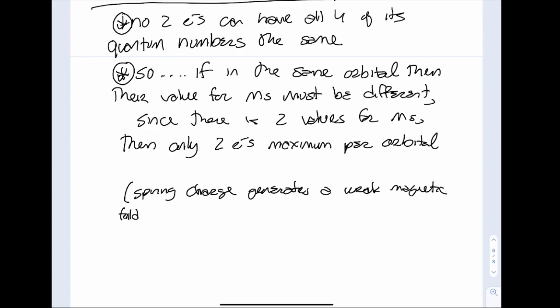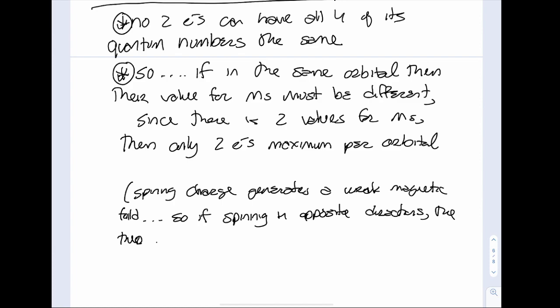So if spinning in opposite directions, the 2 electrons have a weak magnetic attraction.